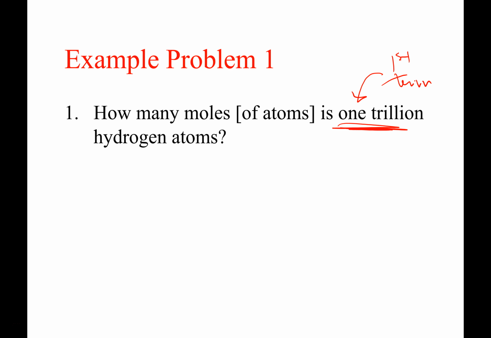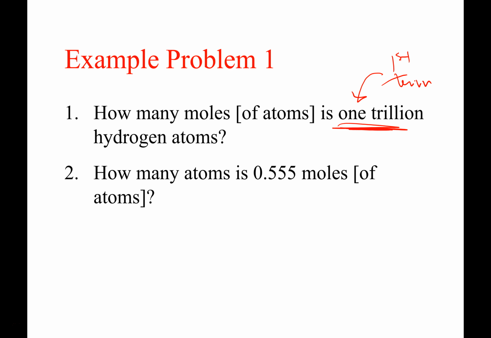Then go back to the previous slide, take one of those ratios, and get from atoms to moles. Notice I put the phrase "of atoms" in brackets. This problem usually will not have those two words, so it usually reads: how many moles is 1 trillion hydrogen atoms?